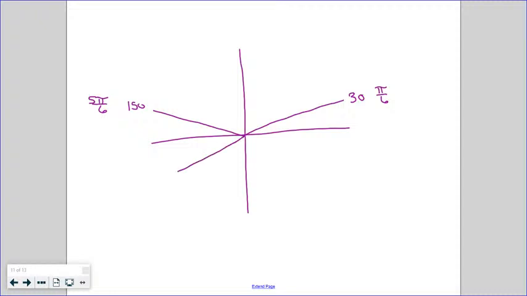In quadrant 3, it would be 210, or 7 pi over 6. And in quadrant 4, the one that has a 30-degree reference angle would be 330, or 11 pi over 6. If you can pick a different set of angles to help you with this, I would do so.